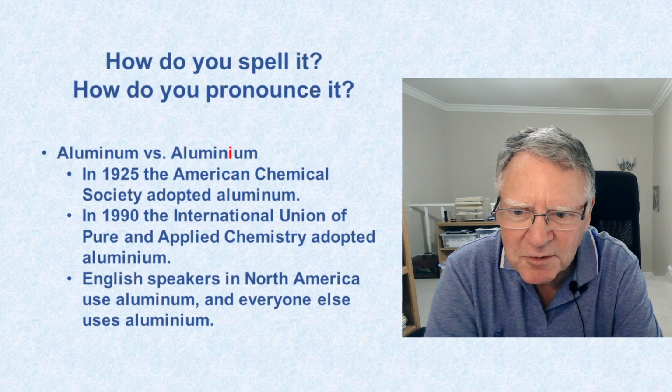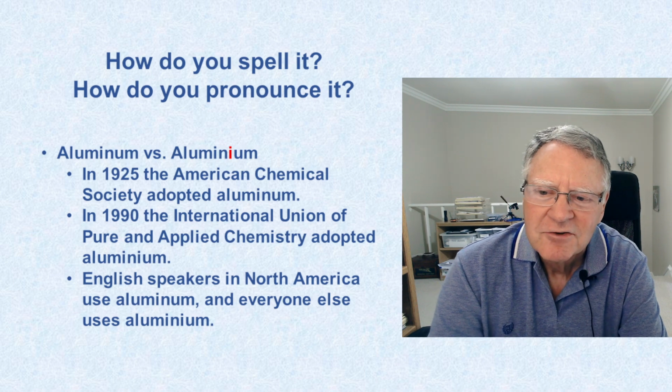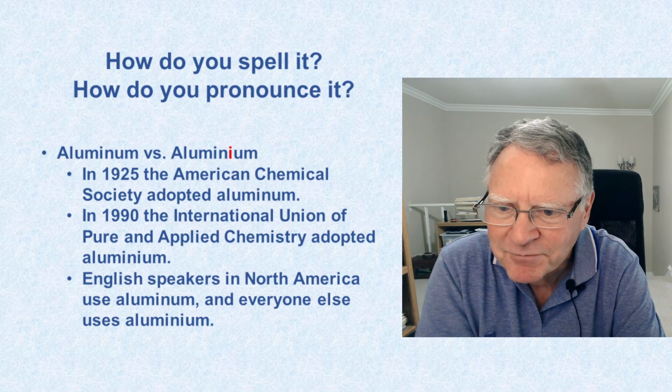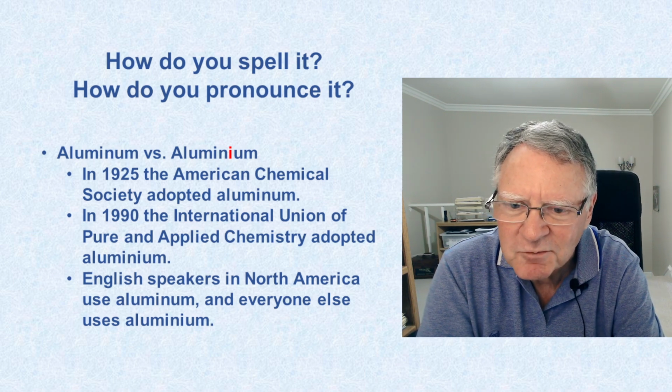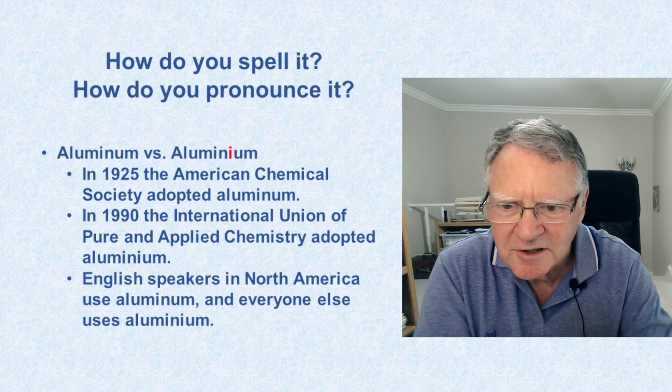English speakers in North America use aluminum and everybody else in the world uses aluminium. Since I'm an English speaker in North America, I'm going to use aluminum. However, I believe that in modern technical publications, the standard is to use the aluminium spelling.